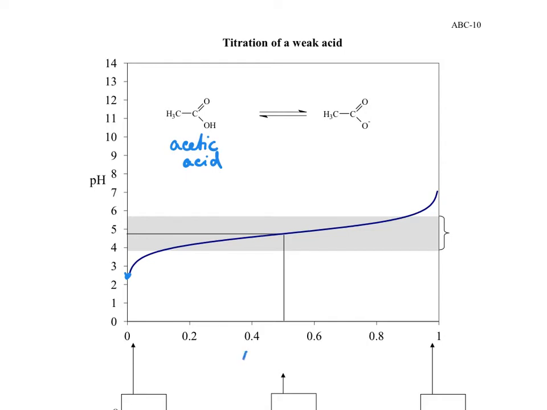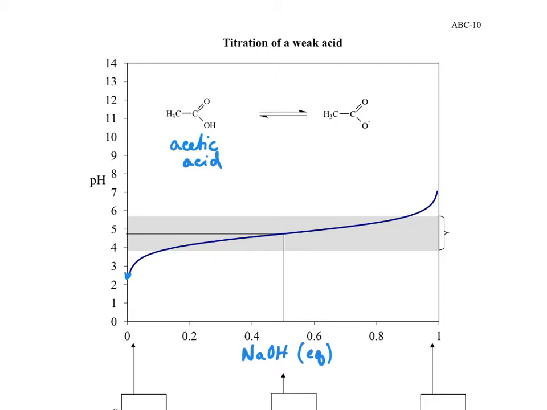Now, what if we threw sodium hydroxide at it by dripping that in? We'll put sodium hydroxide down here on the x-axis of this chart, and the units here are equivalents of sodium hydroxide. That simply means how much ever acetic acid we have in the solution, we're going to put the exact same concentration or amount of sodium hydroxide in.